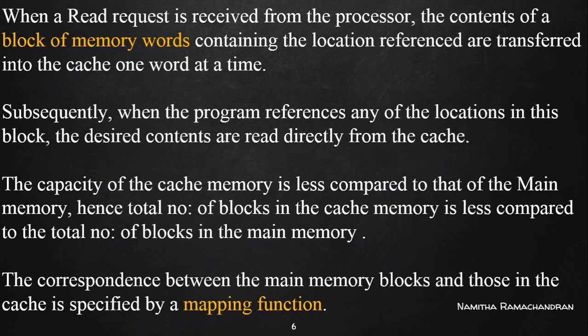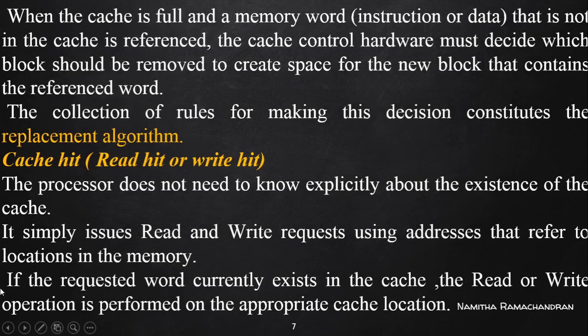So we need to replace certain blocks in our cache memory to make enough space for the new block containing the memory word currently requested by the processor. This is the case of the replacement algorithm.